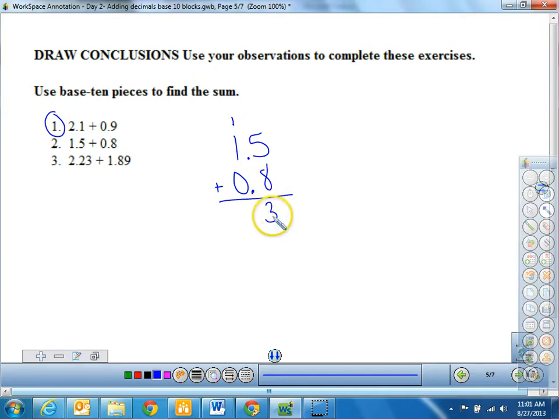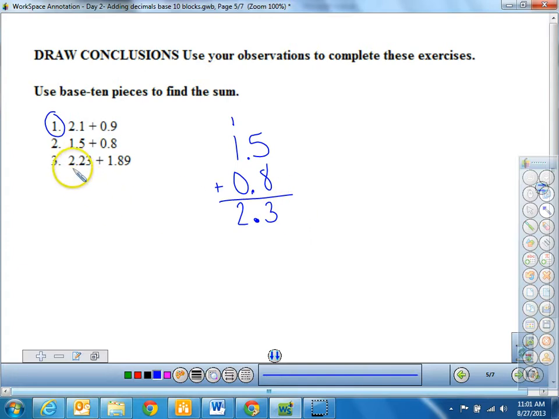So instead of 13 tenths, we've got 3 tenths, and those 10 tenths we converted and added as a 1 over here. So now we've got 1 whole plus another whole plus 0 gives us 2. And in addition and subtraction, we bring that decimal straight down. So the answer when we add 1 and 5 tenths plus 8 tenths equals 2 and 3 tenths.